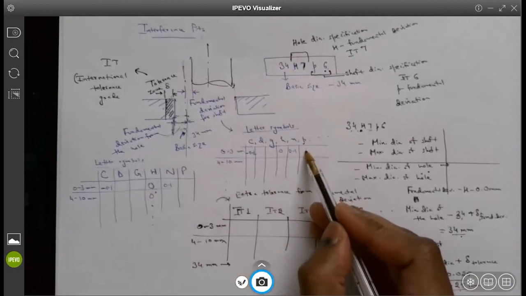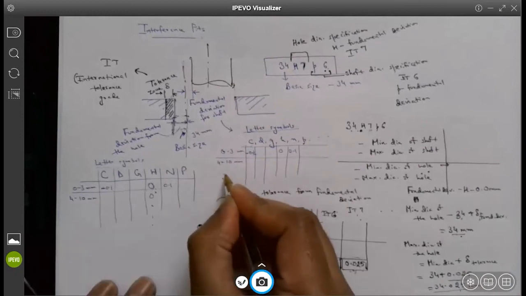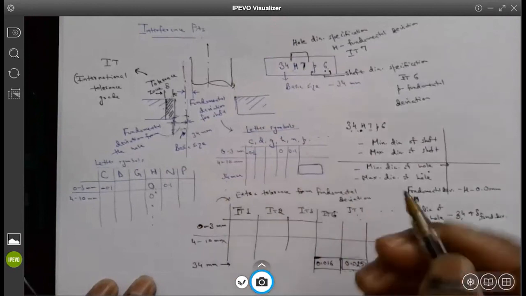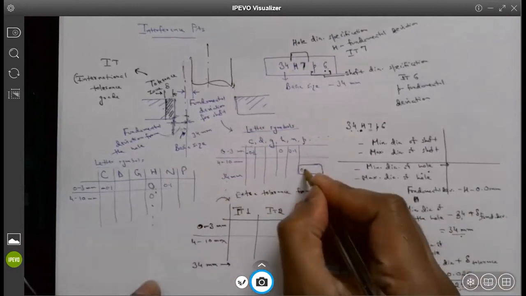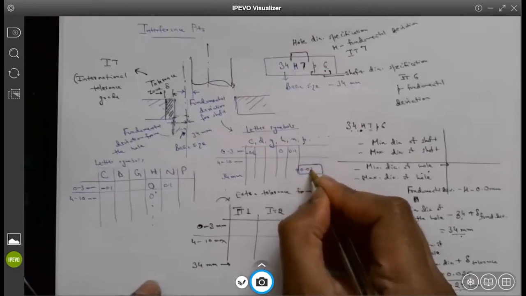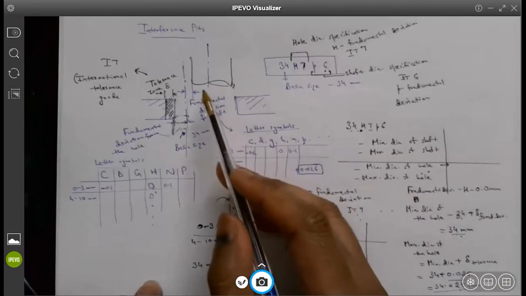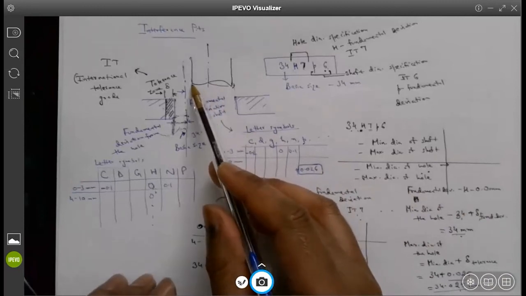How much fundamental deviation corresponds to 34 millimeters and P? It is plus 0.026.